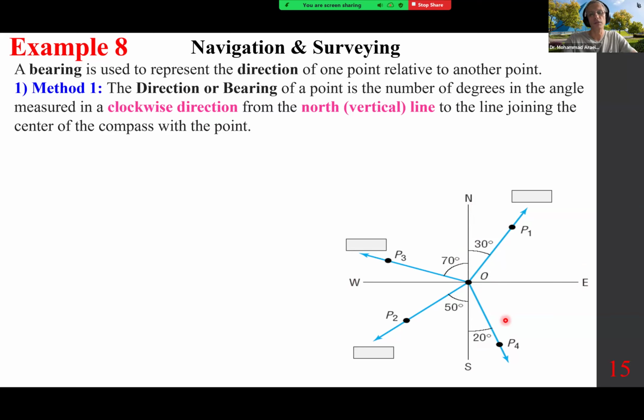So clockwise from the north, which is the vertical line, to the line joining the center of the compass with the point. So just as an example, this one, you would just say 30 degrees, that's all. Or P1, just as an example.